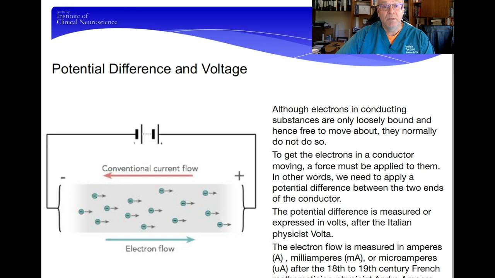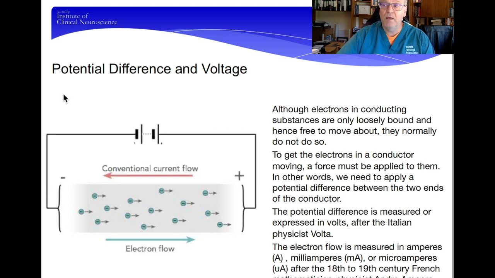Now remember, the amount of electron movement will depend upon a few things. One is the conductivity of the material that we're using, so remember the looseness, or the ease with which those electrons can move, and also the size of the potential difference.